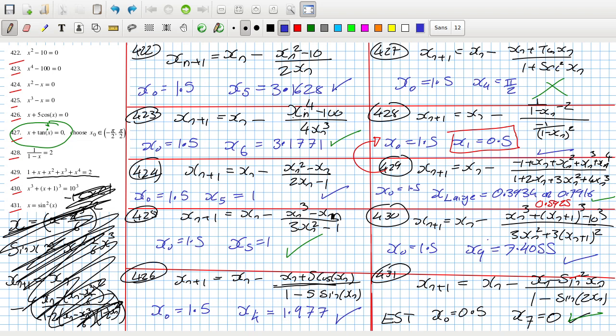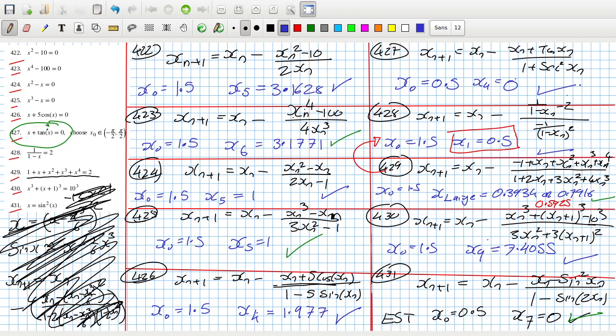Must have just mistyped it on the calculator, or maybe it doesn't work if you start at 1.5, but if you start at 0.5, you do get the 0. Let's see what happens if I start at 1.5. That works as well. I must have just typed it in incorrectly on the calculator.